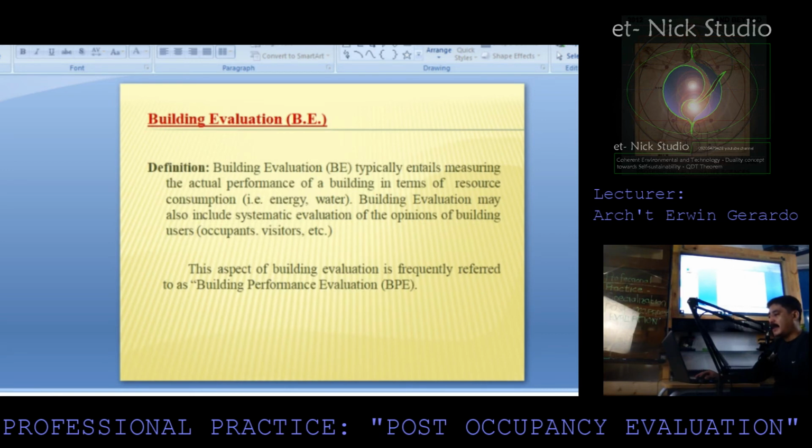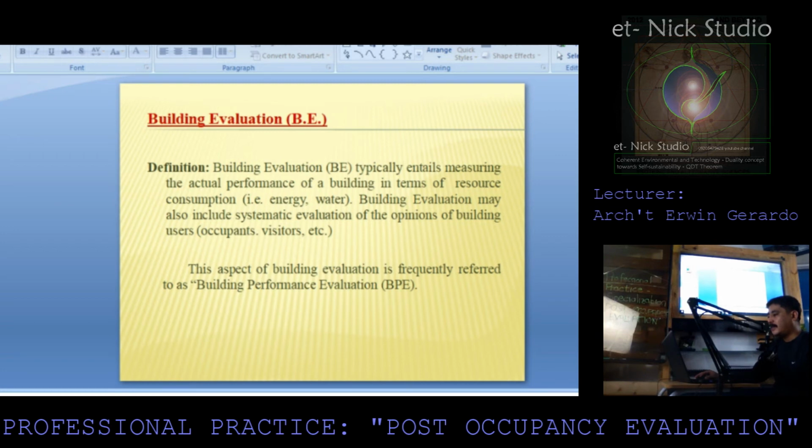What is building evaluation? Definition: building evaluation typically entails measuring the actual performance of a building in terms of resource consumption, for example energy, water, or what is known to be the utilities.